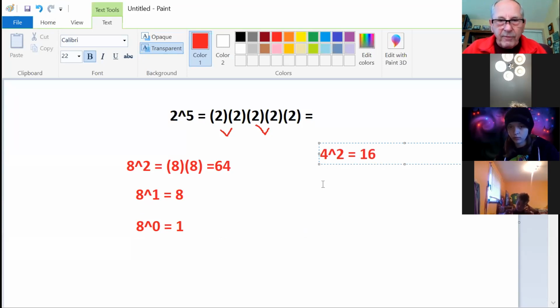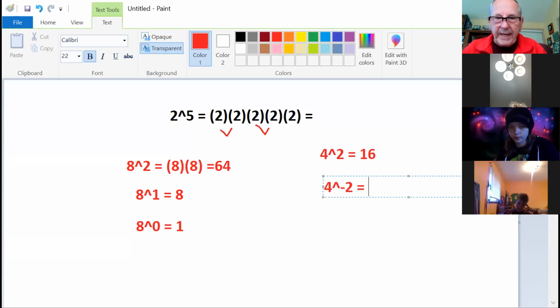But what if we said 4 to the negative power, -2? What's that equal to? Well, it becomes 1/4 to that power.